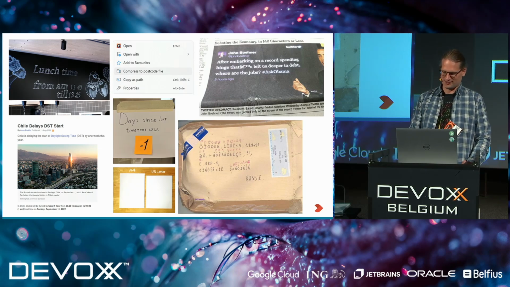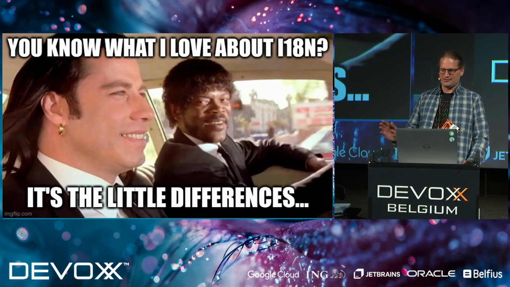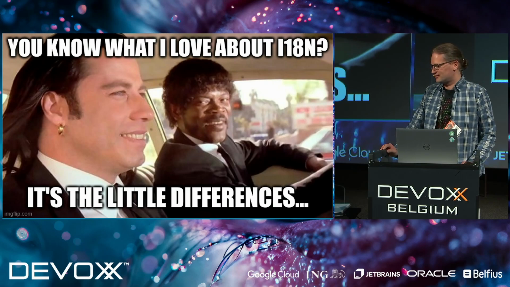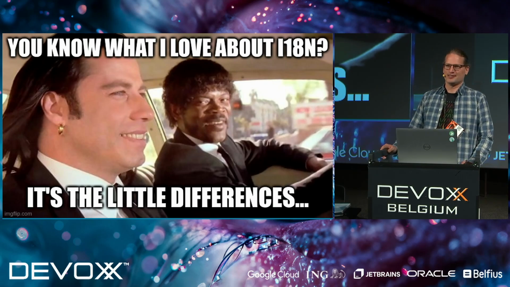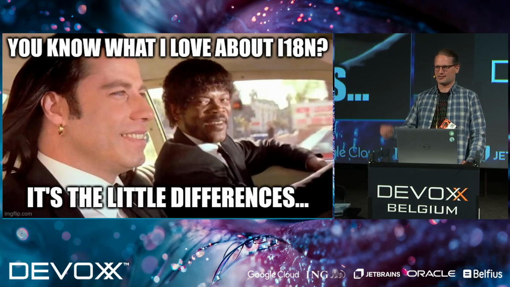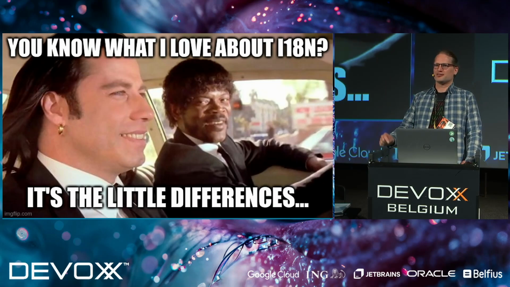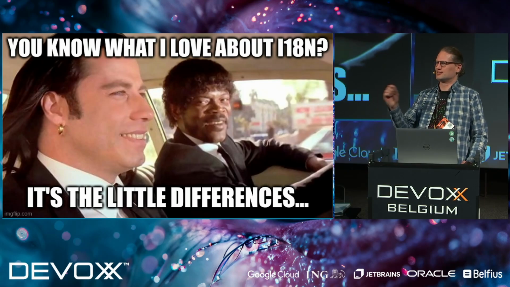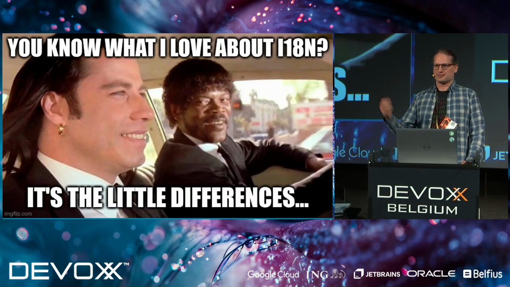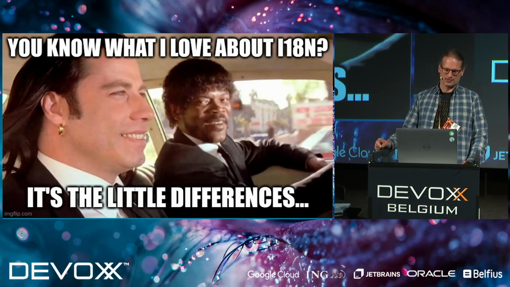I really love those tiny little bugs that you get to fix. If you remember this scene from Pulp Fiction, where two gangsters are talking, Vincent Vega has just returned from Amsterdam, and they're talking about all the tiny little differences between Europe and the United States.